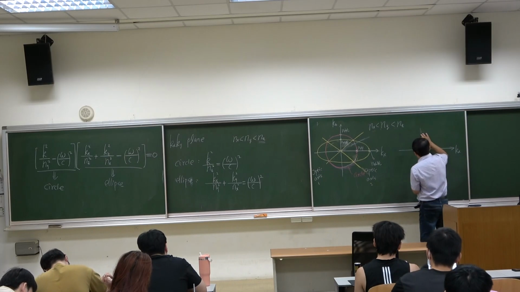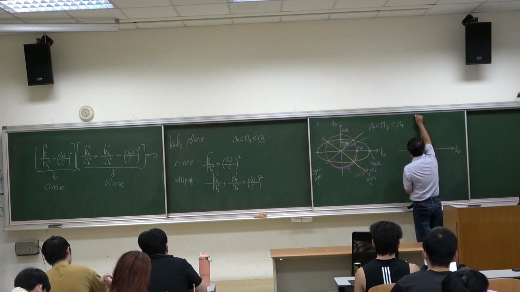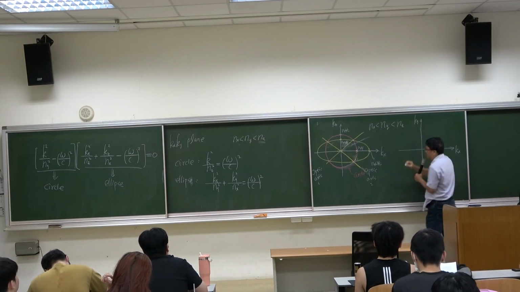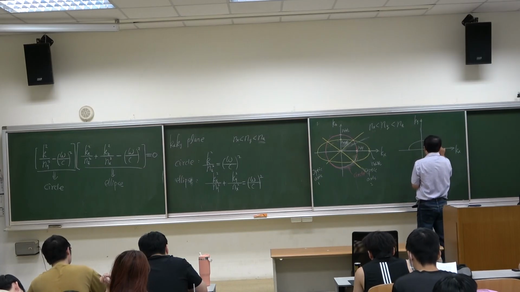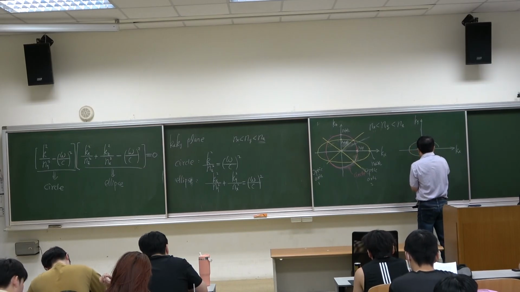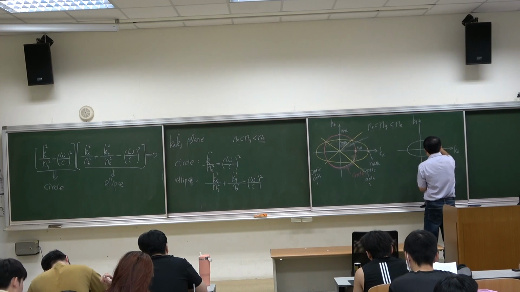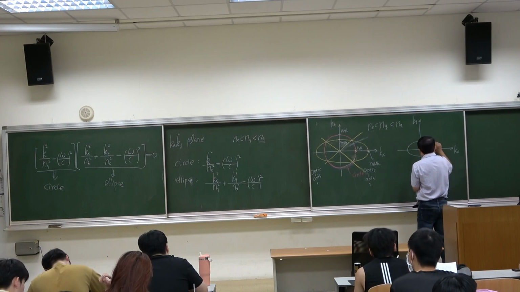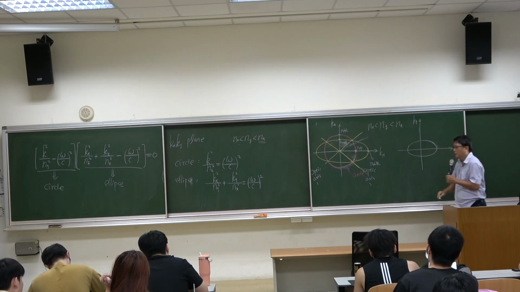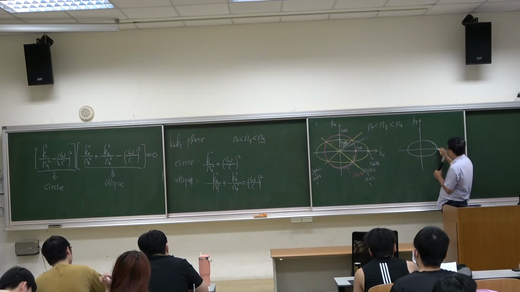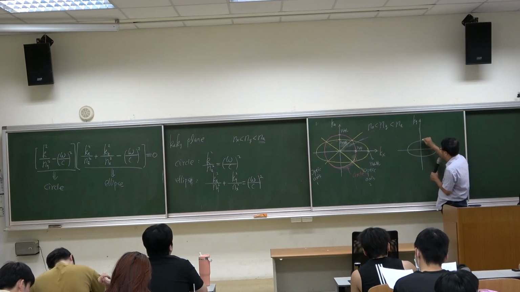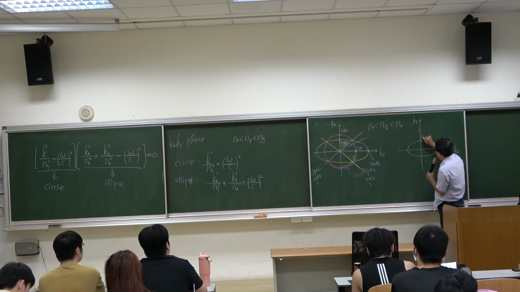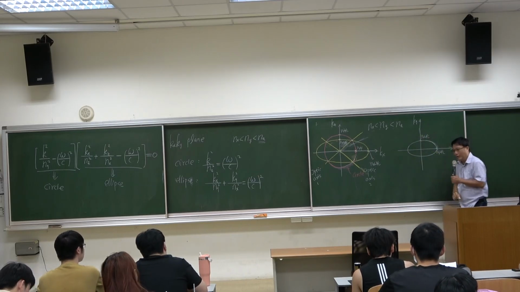So this means that in Kx, Ky, now you have an ellipse of this form. Okay. Here we have ny omega over c and this nx omega over c. Okay?